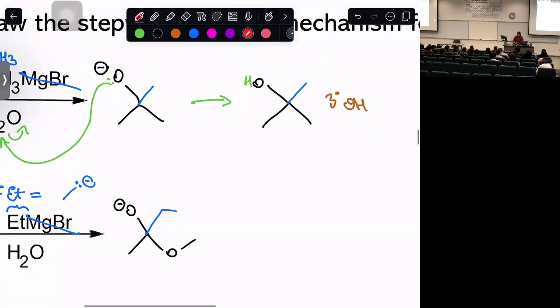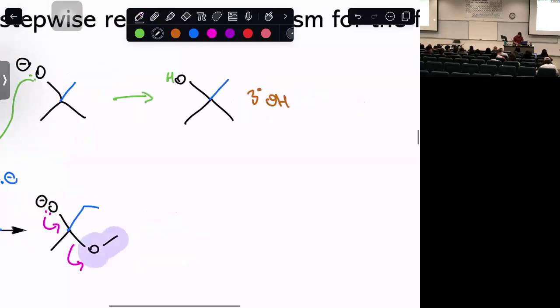Exactly. Remember, the main difference was that now we have a leaving group. So that means the electrons go back down, and that's how we kick out our leaving group. So now what kind of functional group am I creating? What's the name? A ketone. And technically your byproduct is still gonna be here.